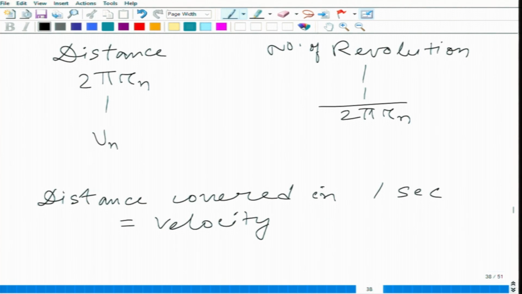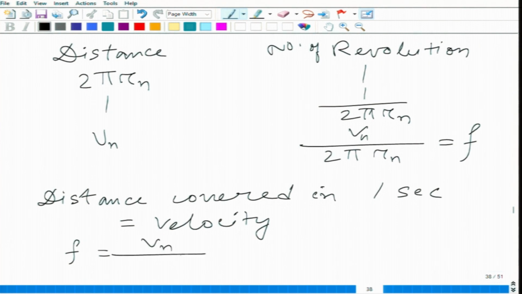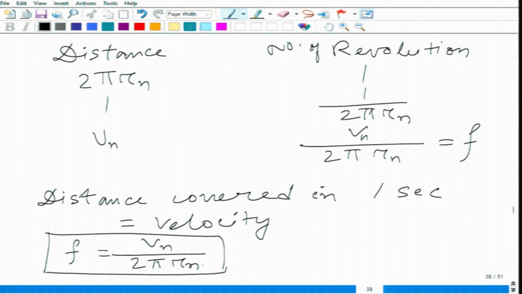So, Vn by 2 pi Rn is the frequency, that is the orbital frequency. We know the value of Vn and Rn, so we can calculate orbital frequency.